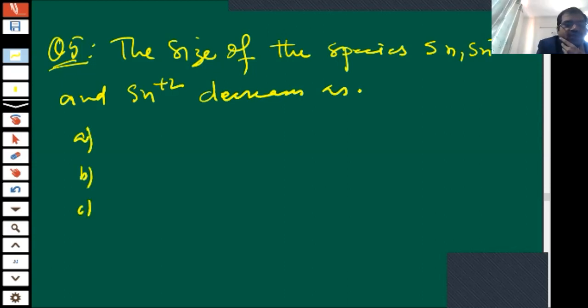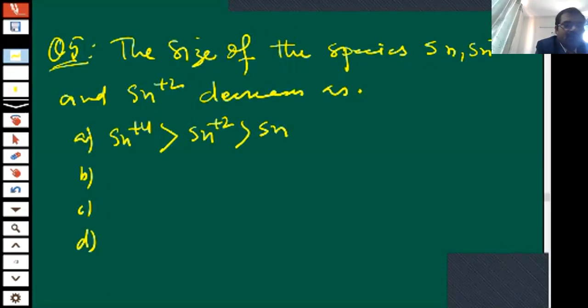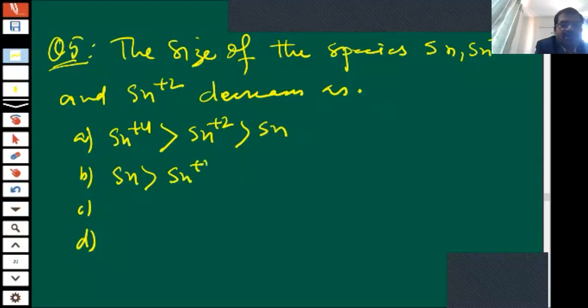Very nice question. Option A: Sn plus 4 is greater than Sn plus 2 is greater than Sn. Option B: Sn is greater than Sn plus 2 is greater than Sn plus 4.